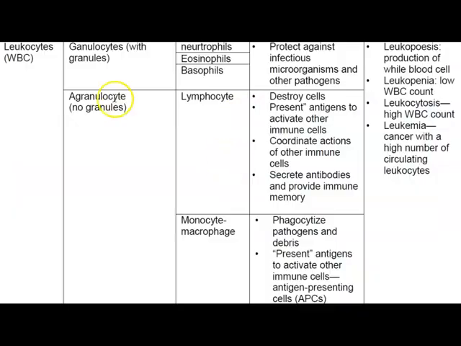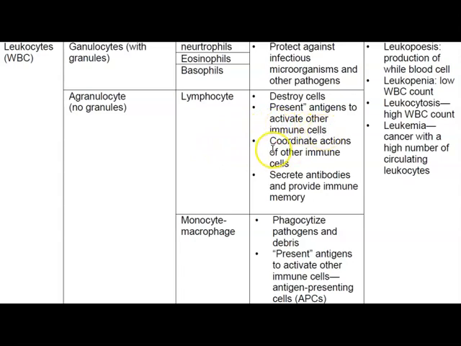The functions of these leukocytes are summarized in this table. The granulocytes are mainly for protection against infectious microorganisms and pathogens. Lymphocyte, under agranulocyte, is for destroying cells. They present antigens to activate other immune cells.